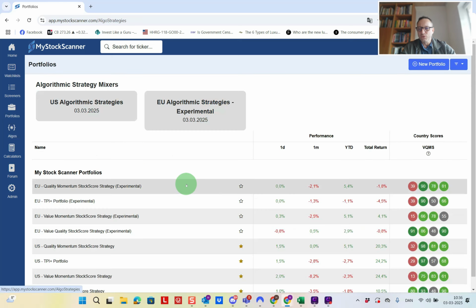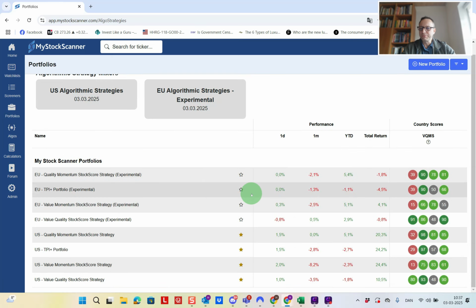Now, what I will do today is just have a quick look at the performance, because as of right now, we started trading this with our own money in the beginning of January 2023. And then last year, the 1st of January 24, we started posting these strategies live and people were able to track them, and we talked about them in the group.